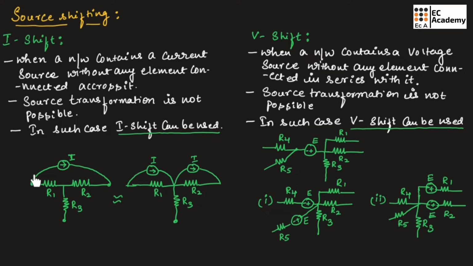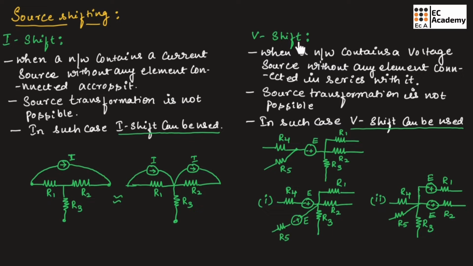So this same current will be shifted to this point and the current is taken from this point and connected to this point as shown in this figure. So instead of connecting the current source between these 2 points, we'll connect the current source between these 2 points and these 2 points as shown in this figure. So this is how we can perform the current shift or I shift.